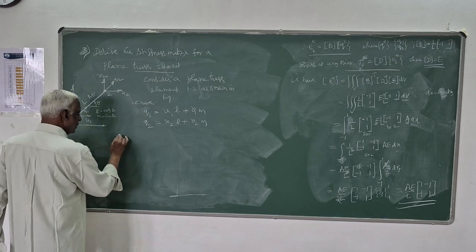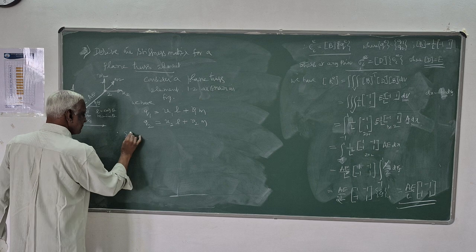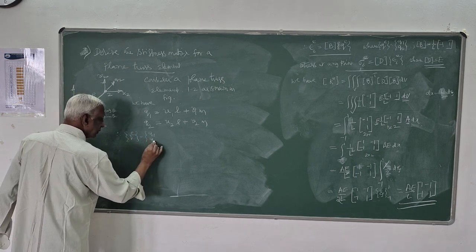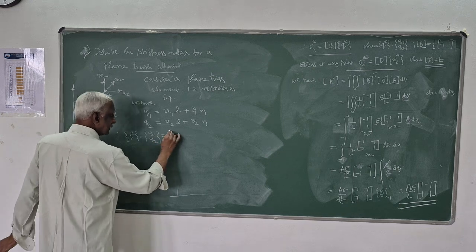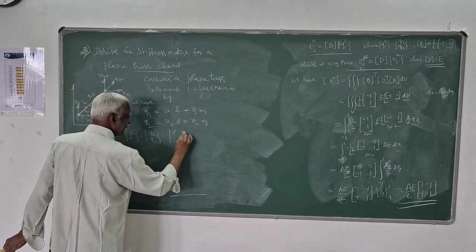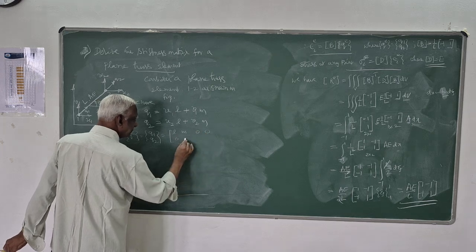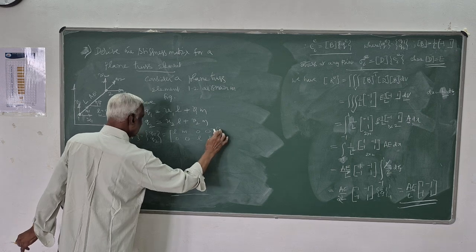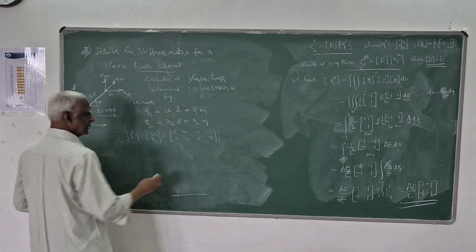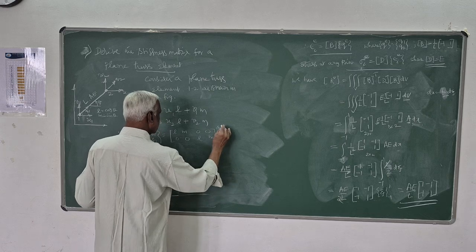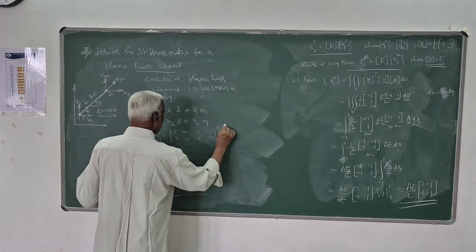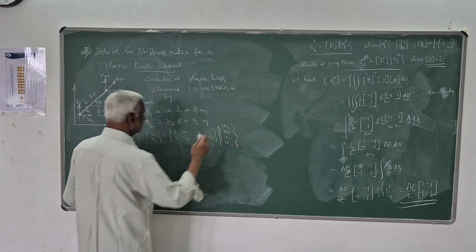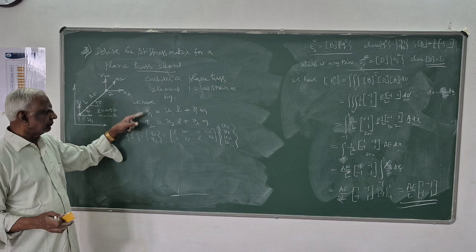So therefore, the element nodal displacements Q1, Q2 in matrix form I write as l, m, 0, 0 into U1, V1, U2, V2.